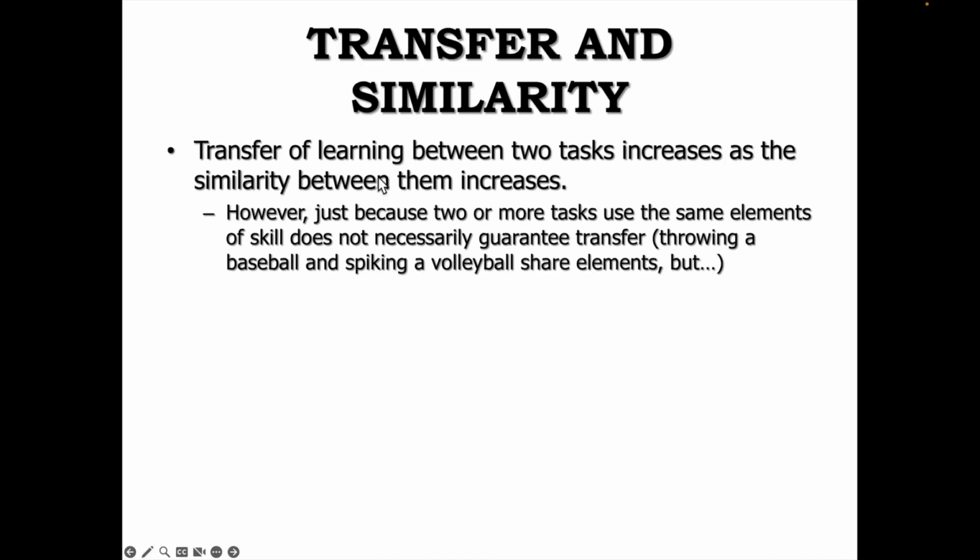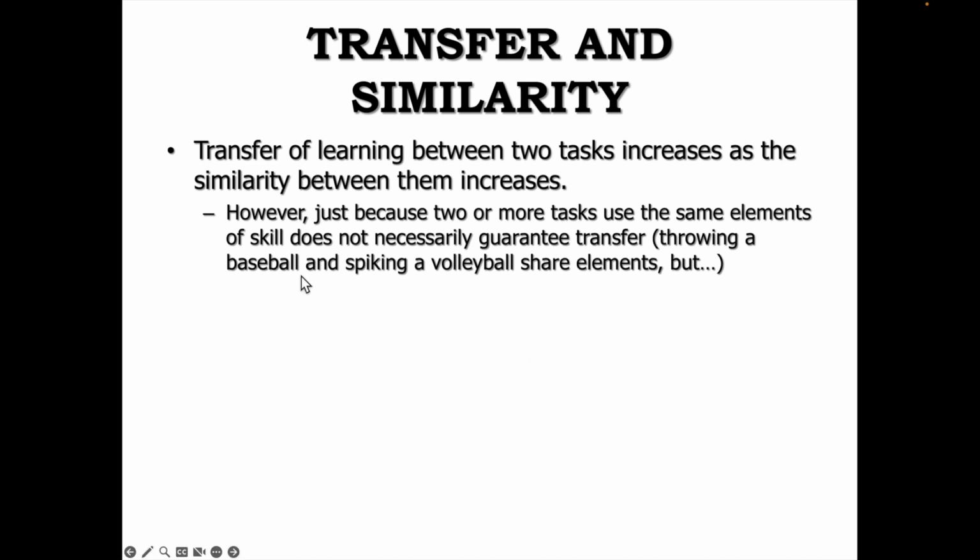With transferring or learning from one skill to another, this increases as the similarity between them increases. However, just because two or more tasks use the same elements of skill does not necessarily guarantee transfer between them.